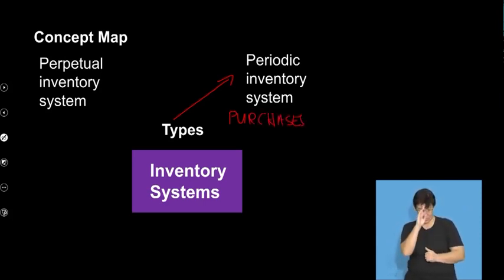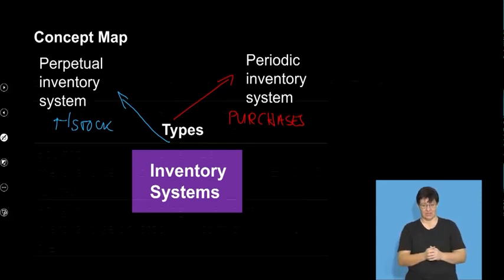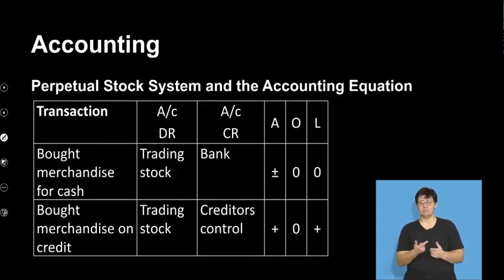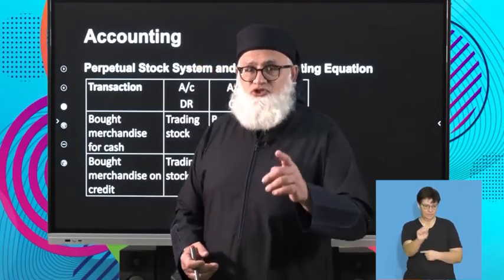And when you're dealing with the perpetual inventory system, you're dealing with the trading stock account. So clearly there is a difference between the two, and this will become evident to you when you see what we're going to be doing now. Watch this space.